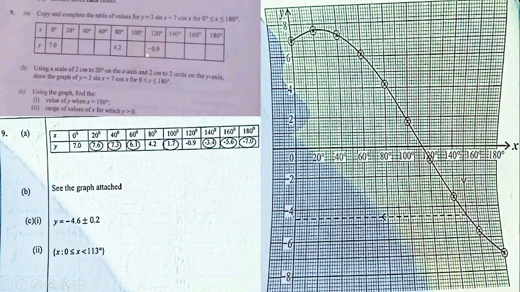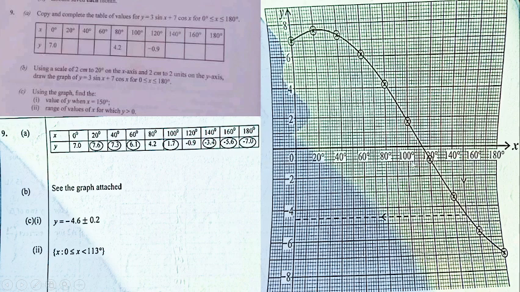Then when our x is 80 degrees, we have our y to be 4.2. 80 degrees is 4, then the next line is 4.2. Then when our x is 100 degrees, our y is 1.7. This is 1, 1.2, 1.4, 1.6, and 1.7 should be at the middle of 1.6 and 1.8. Then when our x is 120, our y is minus 0.9, coming down now.